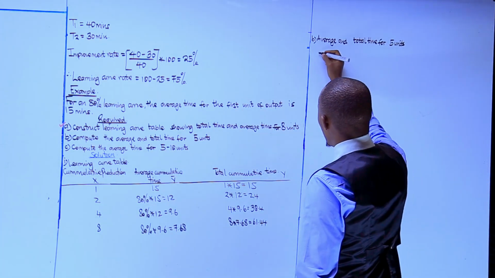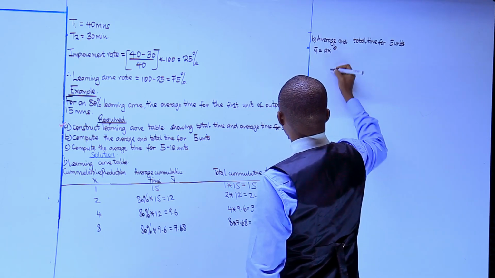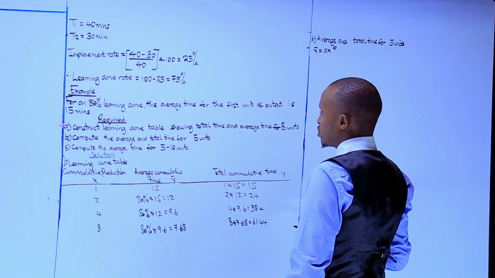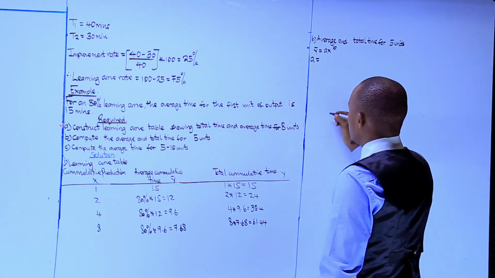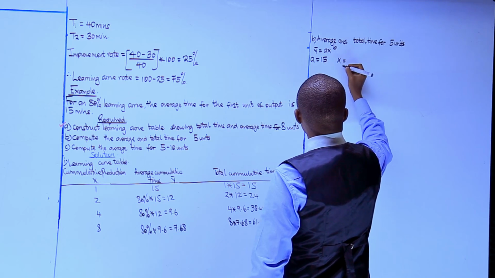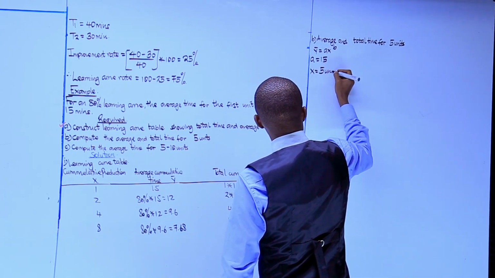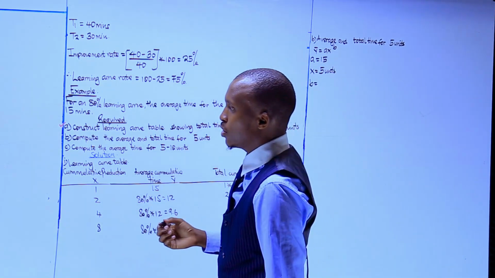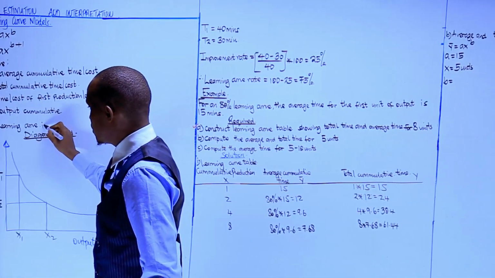You know that your average time is AX to the power B, where A is the time of the first production, which was 15. X will be 5 units. B here is your learning curve index.